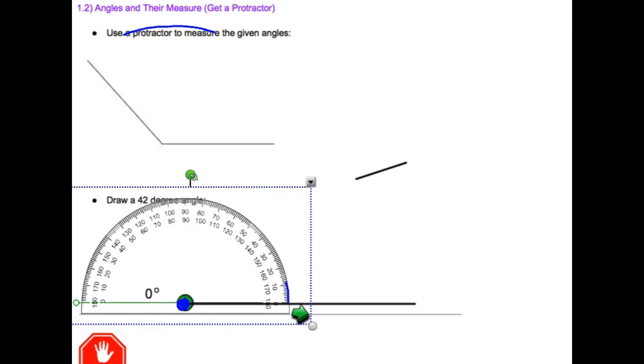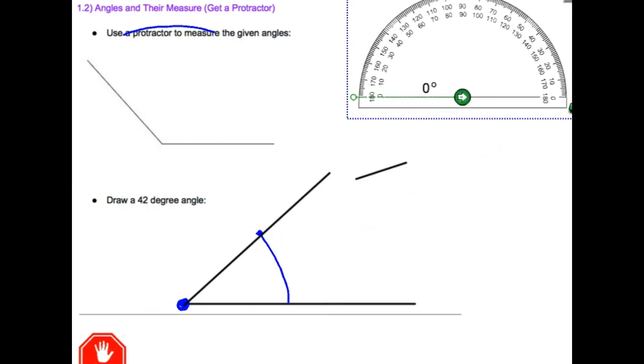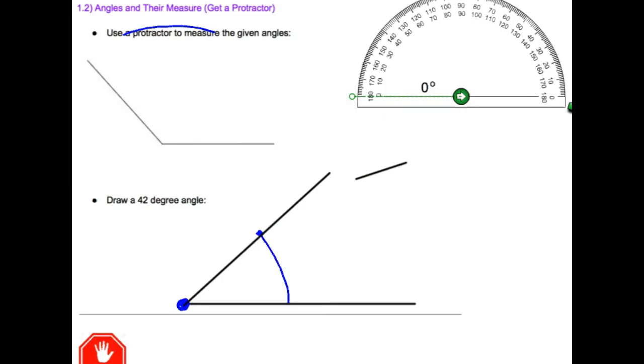So I've got 10, 20, 30, 42. And then I'm going to draw another line emanating and going right through 42. And when I'm done with that, I've got myself a nicely created 42-degree angle.